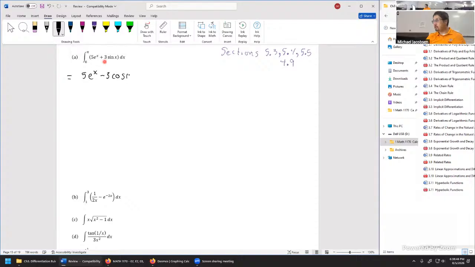Go -3 cosine x. And the check here is the derivative of cosine x is negative sine x. The extra negative multiplies the -3, flips it back to positive. And so that's one critical area of the section 3.3, trigonometric derivatives, to watch out for. Those negative signs, they're easy to lose track of when you're going backwards doing antiderivatives.